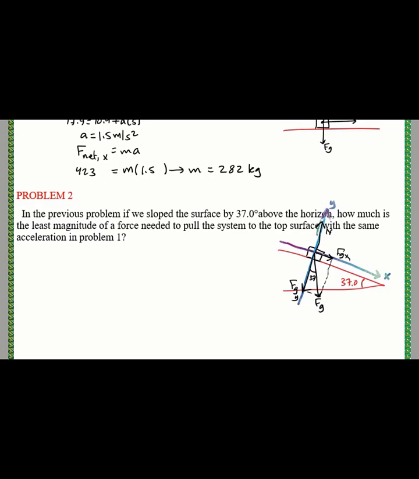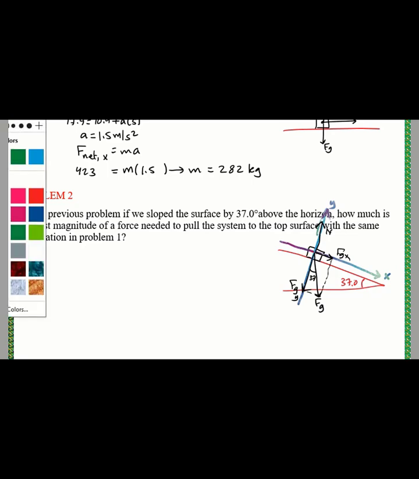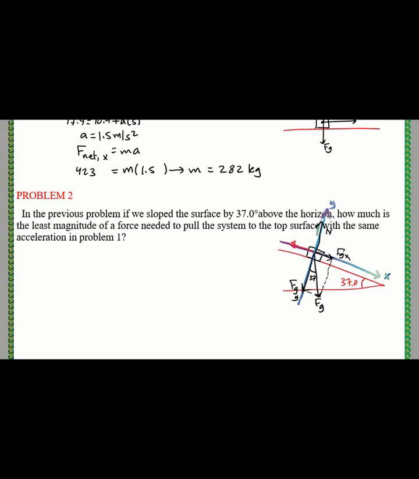Now the question asks me to find the least magnitude of force needed to pull the system to the top of the surface. So we have here a force that's needed to pull the system up the inclined edge.